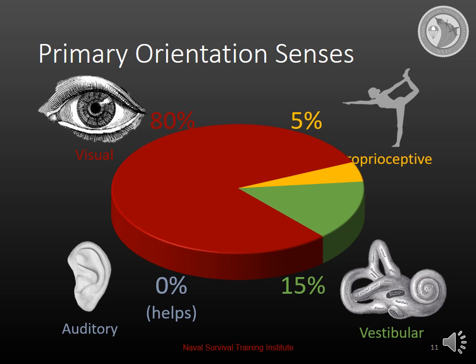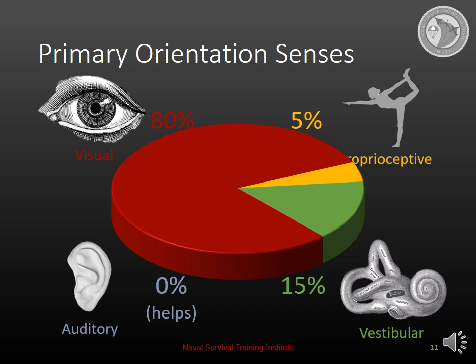We are visual creatures, and we get a massive amount of information for orientation through our eyes. The next largest section is 15% from the vestibular system, that inner ear, 5% from the proprioceptive, and finally 0% but helping information from our ears, from our auditory system.